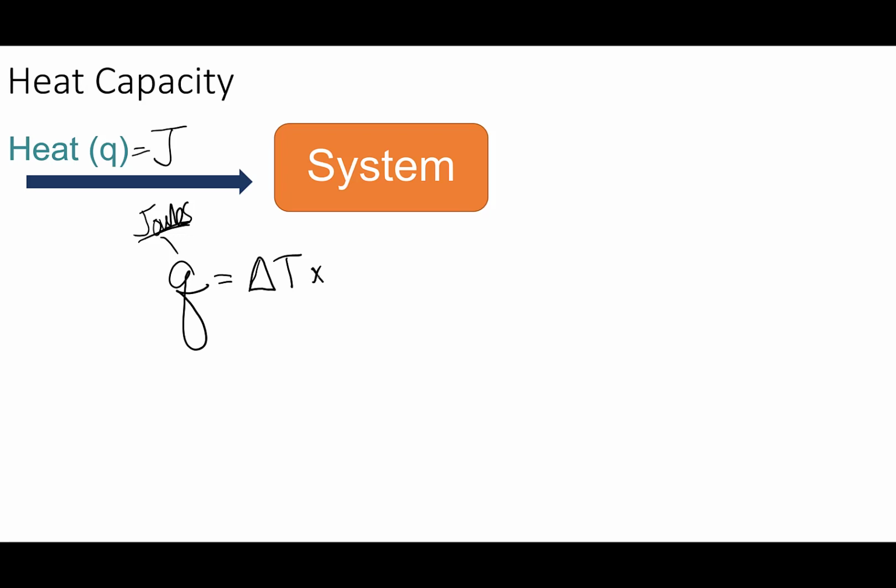So another factor we're going to multiply this by is the mass. If I have a little tiny sample of metal or if I have a huge, ginormous chunk of metal, that's going to be a difference in how they absorb heat, right? So we have to consider how much we have. And then the last thing to consider is what we have.